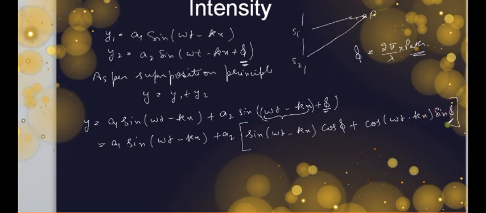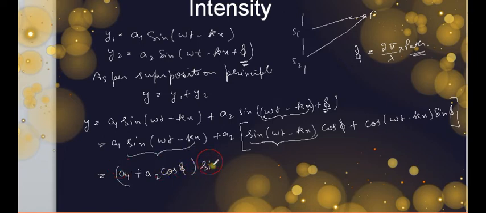Here sin omega t minus kx is common, so we write it like this: a1 plus a2 cos phi into sin omega t minus kx, and the rest of the term we can write as a2 cos omega t minus kx into sin phi.